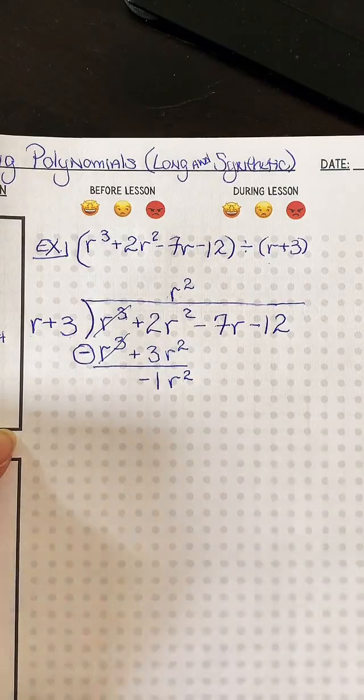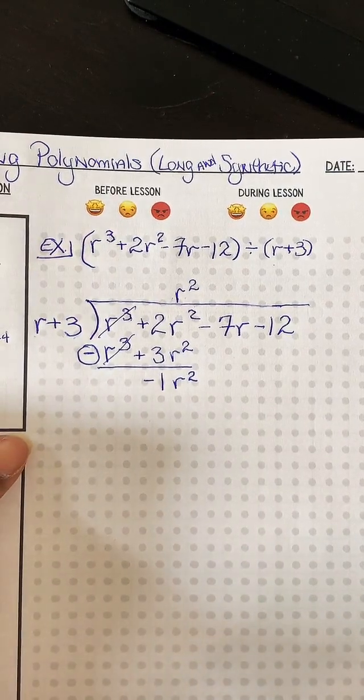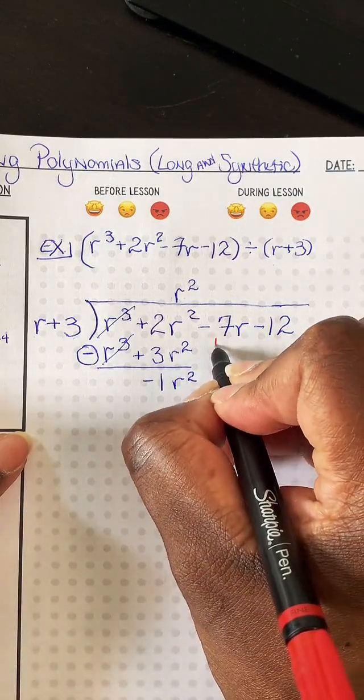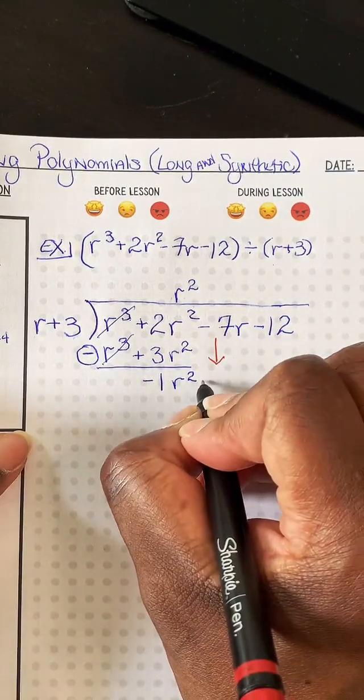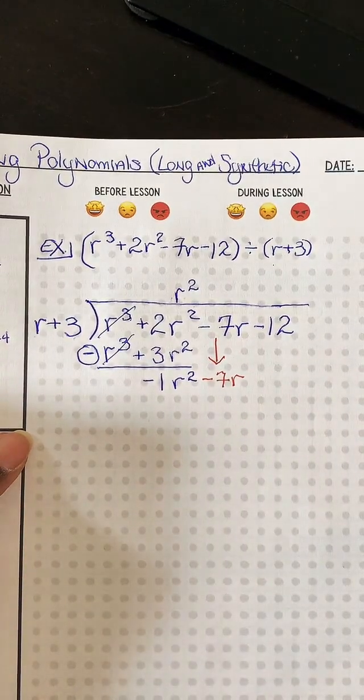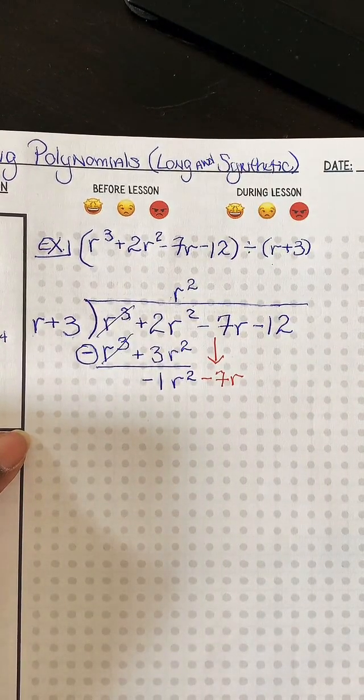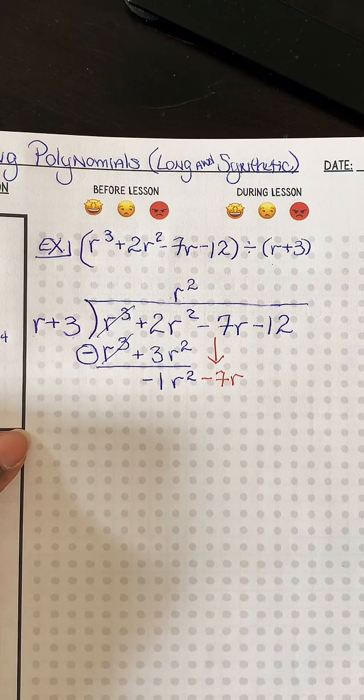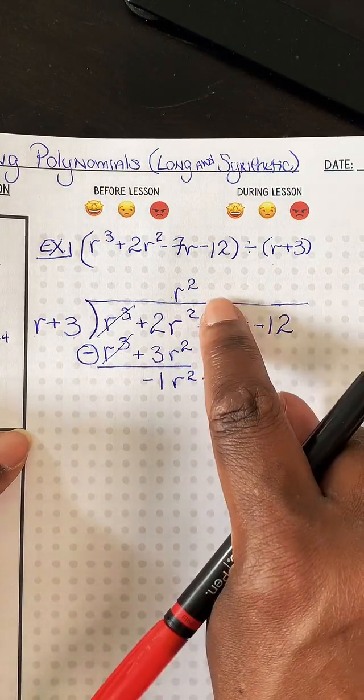That gives me a negative 1r squared. Just like regular division, we're going to bring down the next term. So now we got my negative 7r. And the process is going to start all over again. So now, here we go.